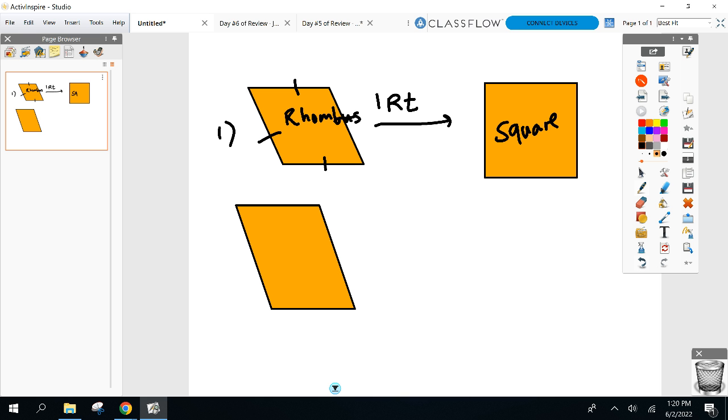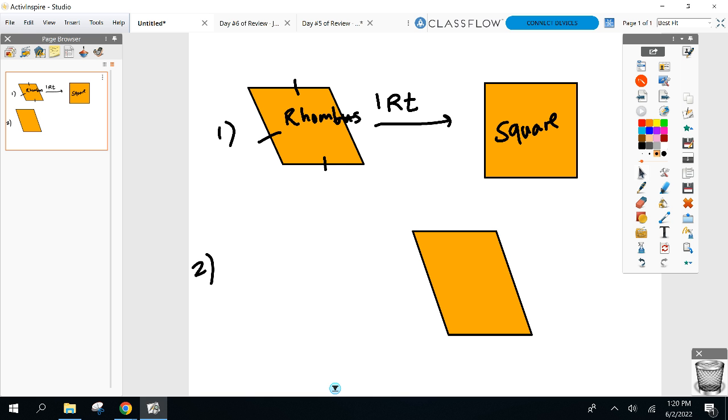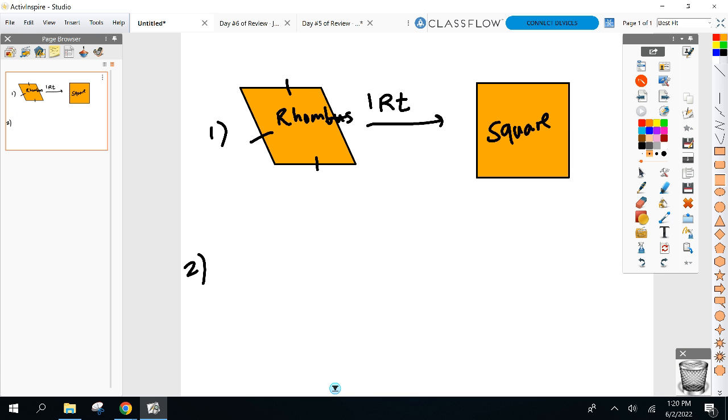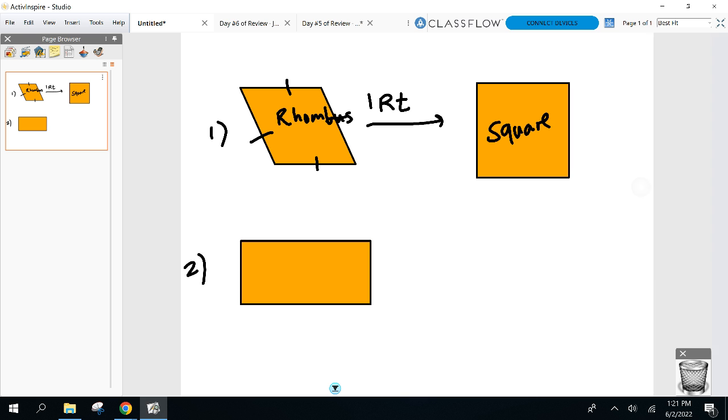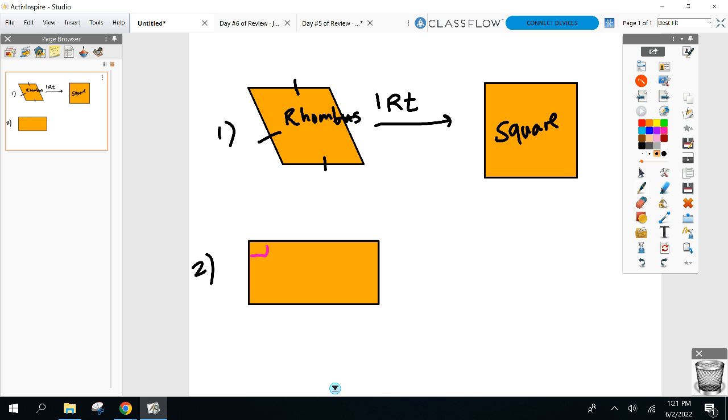All right, so we could do that. The other way, maybe you don't feel comfortable doing it that way. The other way I could prove it a square is, instead of proving it a rhombus first, do this. What's this right now? If I show all four right angles, that's a rectangle.